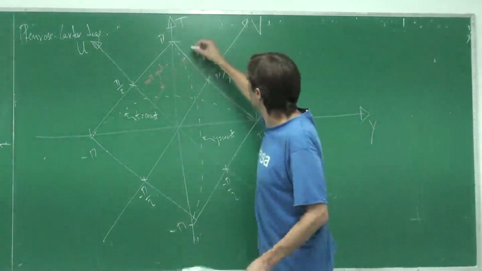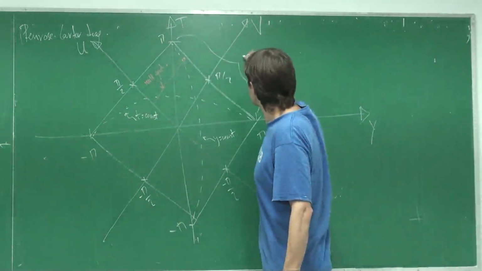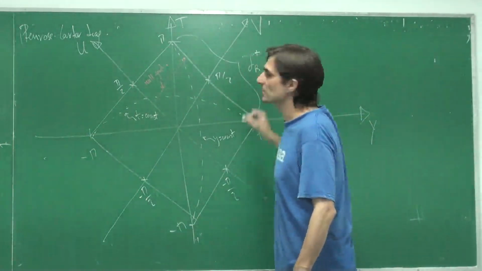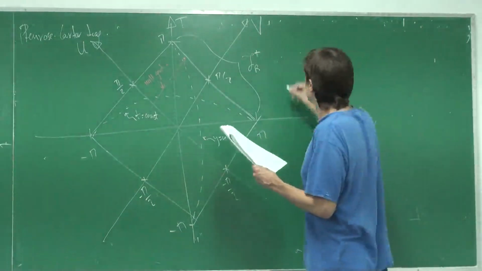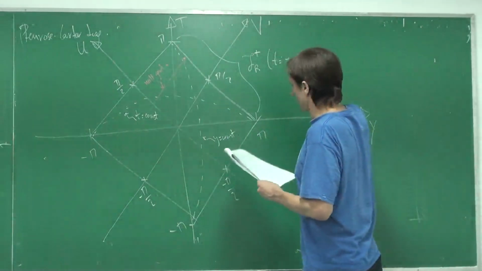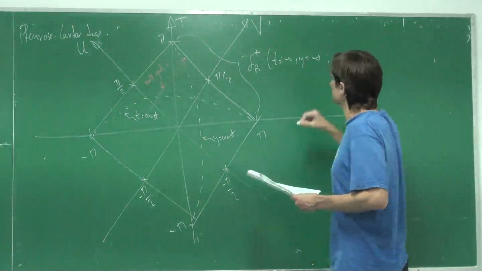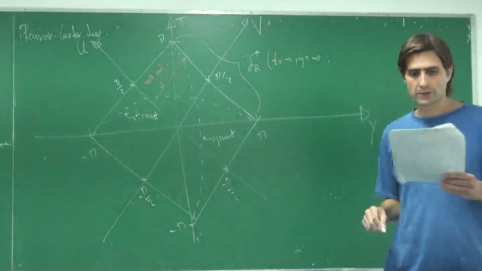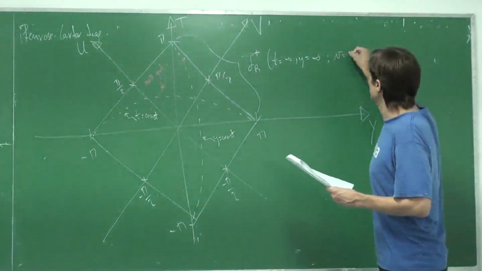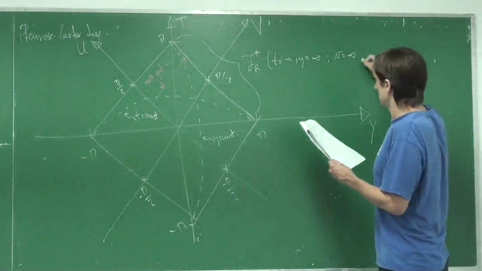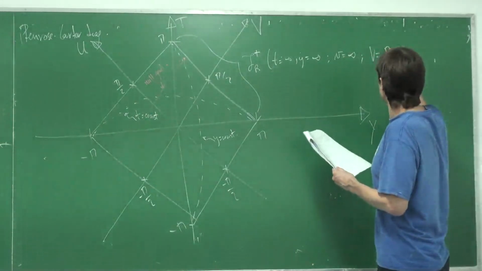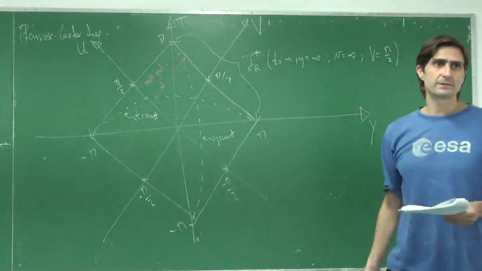So this side is called scri plus, subscript capital R. This is T equals infinity, U equals infinity in Cartesian coordinates, V equals infinity in null coordinates, capital V equals pi over 2 in compactified null coordinates.